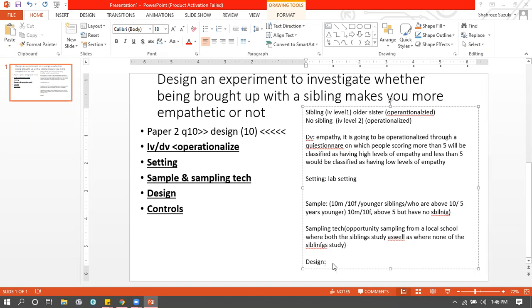Right. And see, the best way to figure out your design is look at the IV levels. If you feel that a sibling person cannot come in the no sibling group, then obviously it's gonna be a separate group. So if you have one person taking part in one group or one condition, what design is it gonna be? Which design are we gonna apply? What's the design called?